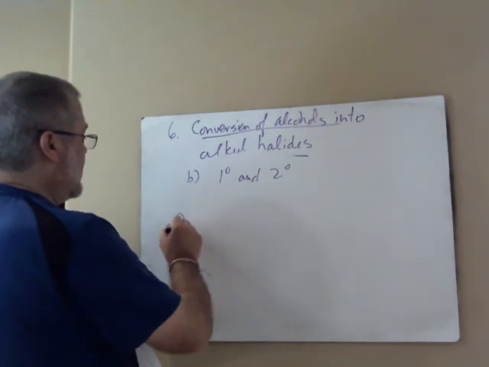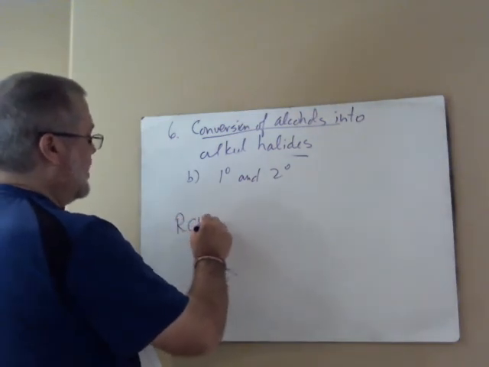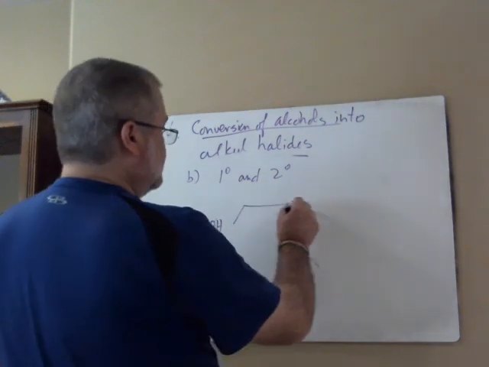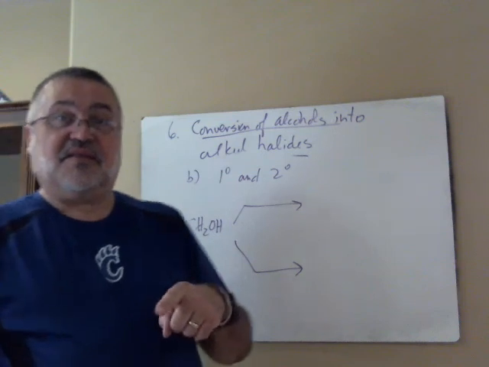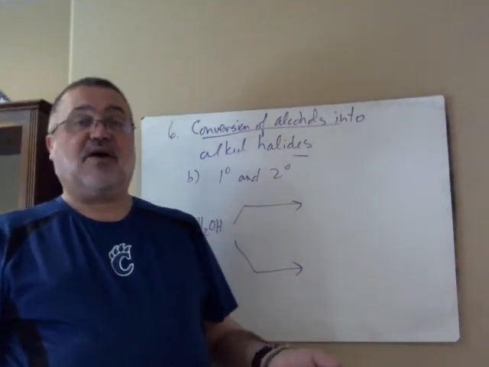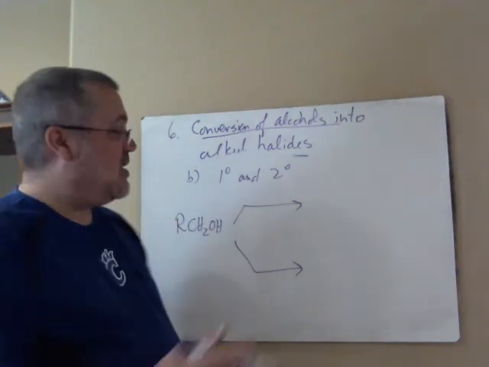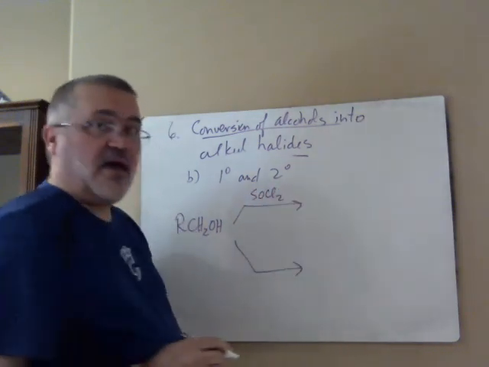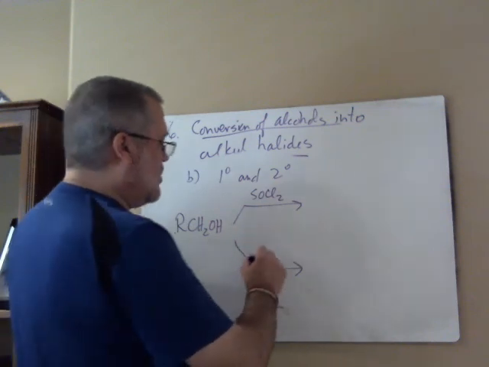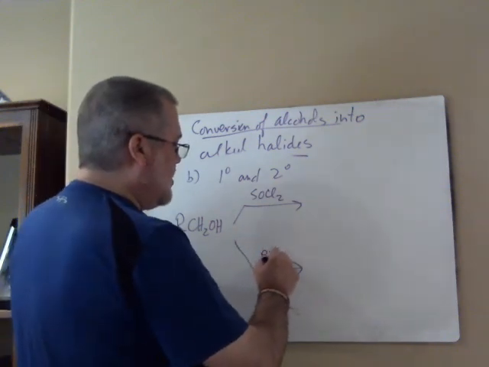And so using a primary alcohol as the example, I'm going to have to use reagents that make the OH a better leaving group. And we can do that with two different reagents: SOCl2, thionyl chloride, or PBr3.